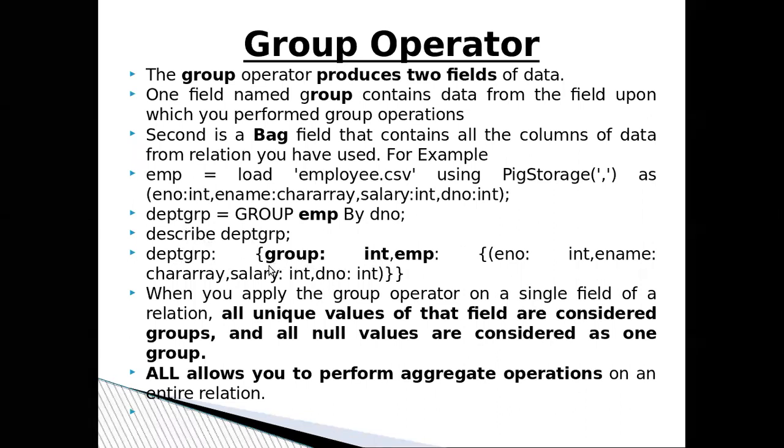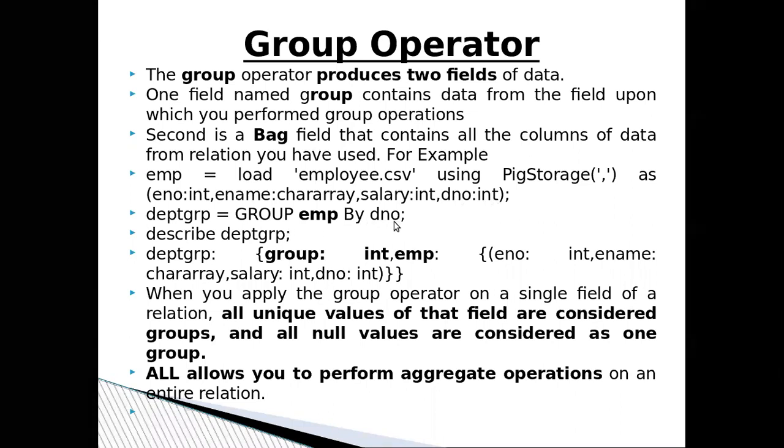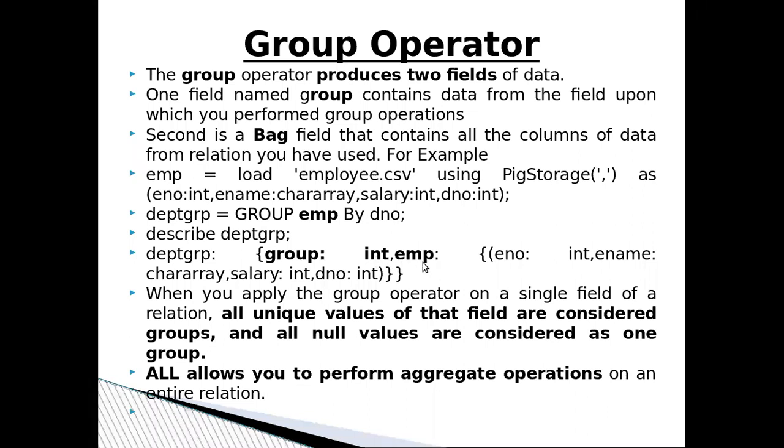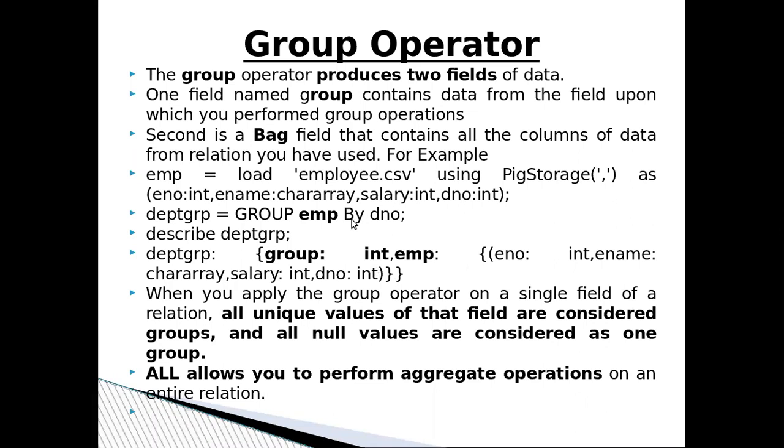The first field is named group, and its data type of course is int, because it takes the data type of DNO, because you are grouping by DNO. And the second field is a bag. The name of the bag is the name of the relation on which you have grouped the data. So the name of the bag is M, and it contains all the columns that were there in your original relation.